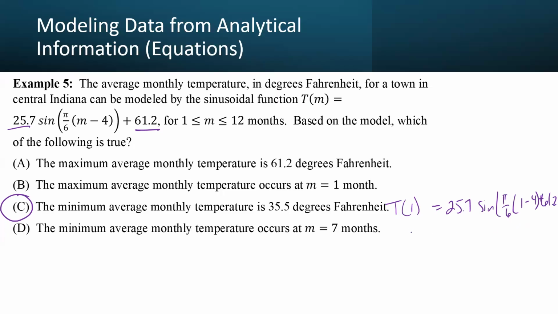And when I evaluate that, I end up with this equals 25.7 times negative 1 plus 61.2. Not 5, don't know why I wrote a 5. So when he said all you have to do is find the distance, it's because mathematically when I plug in the 1, I'm just going to come down to 61.2 plus a negative 25.7, which is just simply doing what? Subtracting, right? And so then that leaves us with the 35.5.